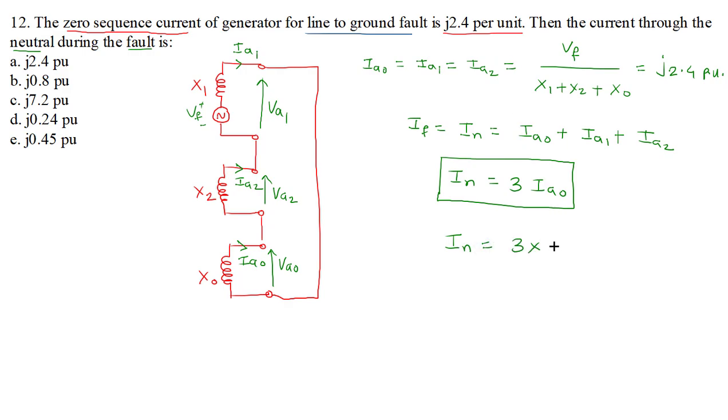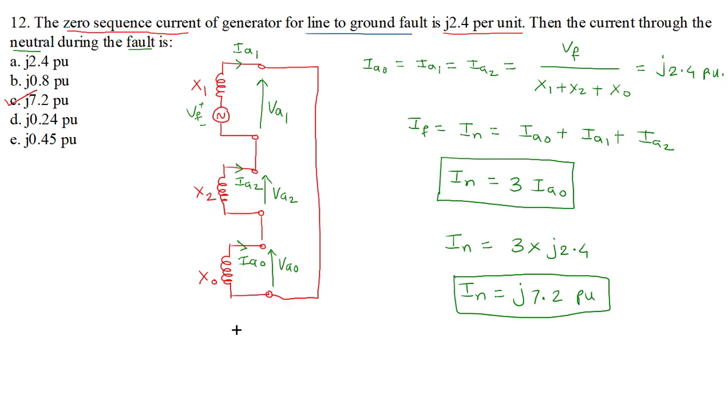So IA0 is J2.4 per unit. So IN will be J times 2.4 into 3, that is 7.2 per unit. IN will be equal to J7.2 per unit. So out of these 5 options, the correct answer will be option C.